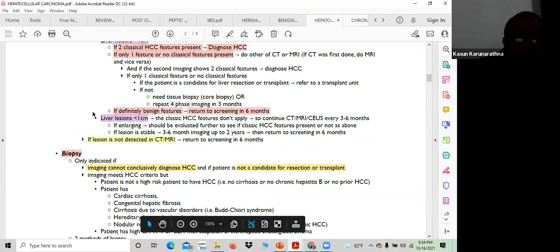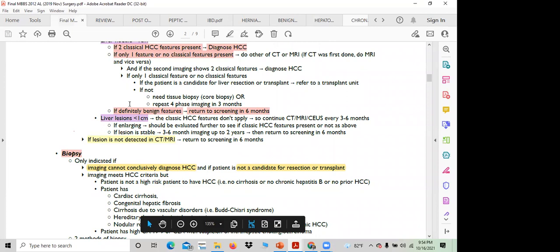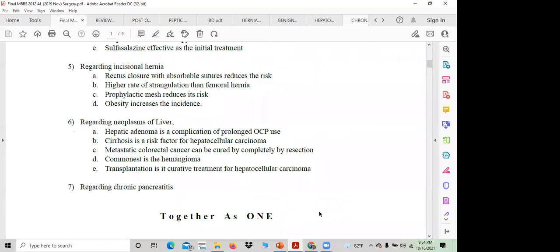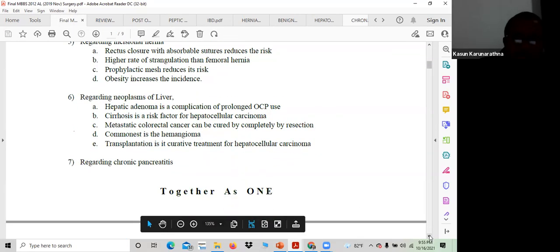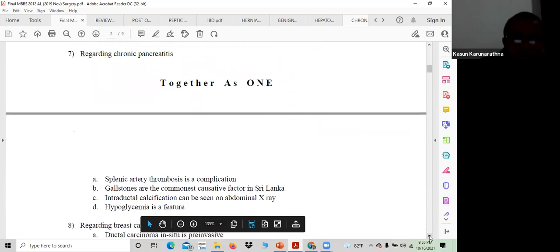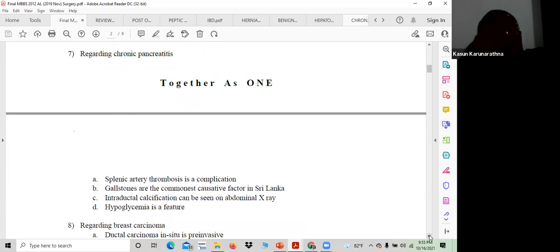Then, regarding chronic pancreatitis, yes. What is chronic pancreatitis? There's a chronic inflammatory process in the pancreas, right? There is tissue damage and a healing process occurring at the same time, right?